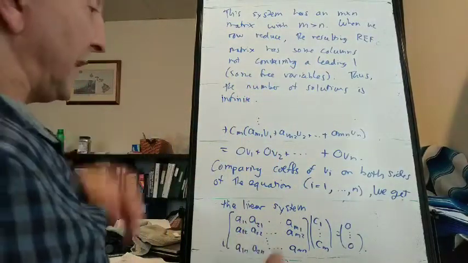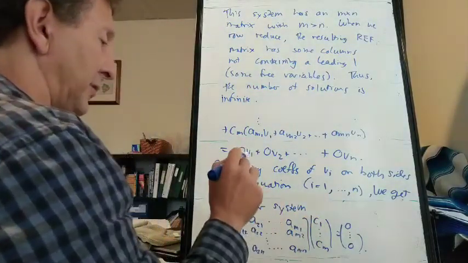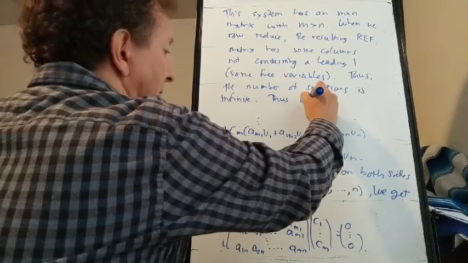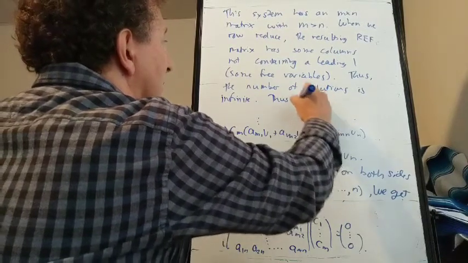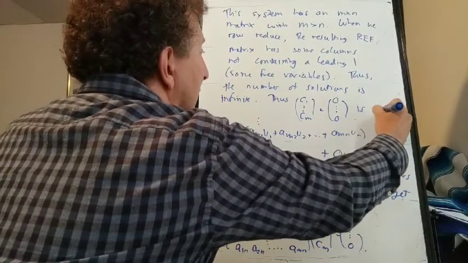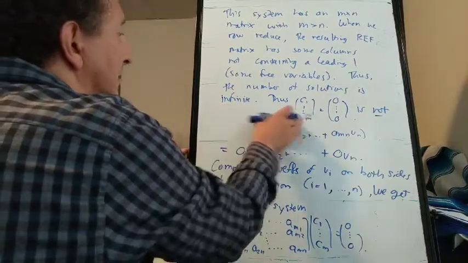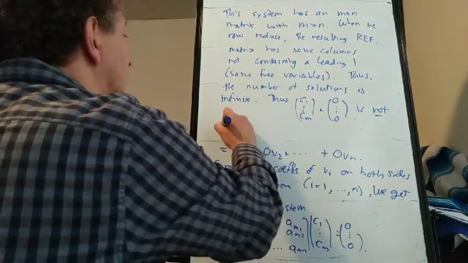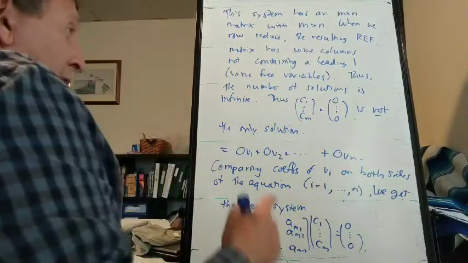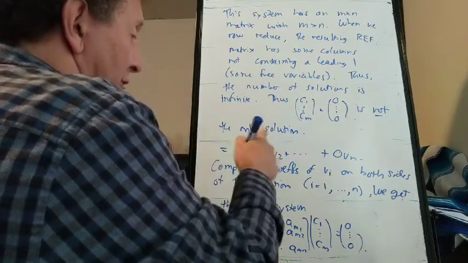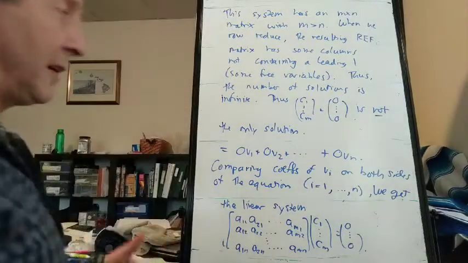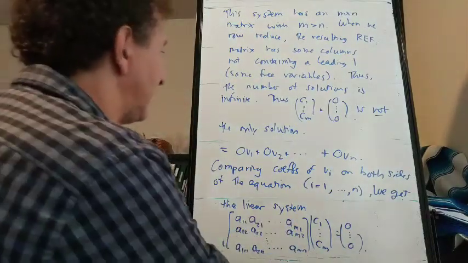And if the number of solutions is infinite, that means that 0, 0, 0 up to 0 is not the only solution. And if we can find a solution to this equation where the constants are not all 0, that means that our original set is linearly dependent.